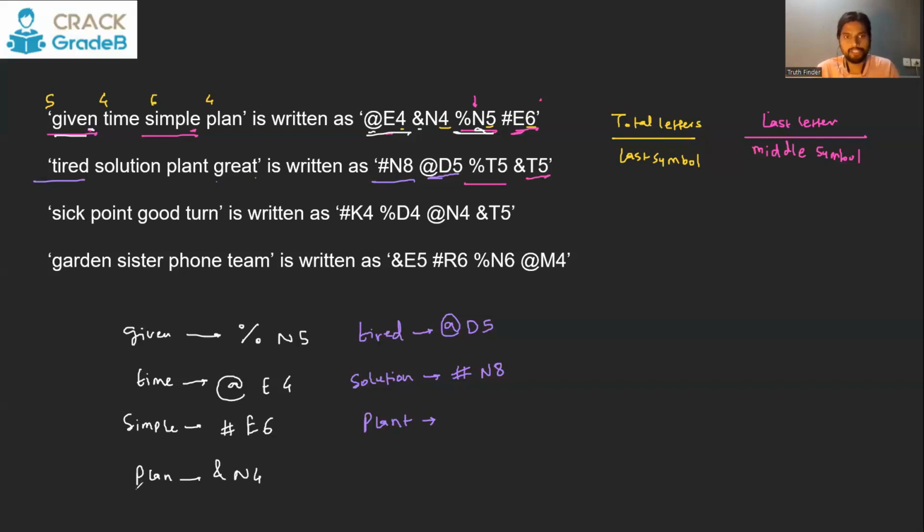So if you see, plan starts with P and it has ampersand. Time starts with T and it has @. Tired starts with T and it has @. Simple starts with S and it has hash. Solution starts with S and it has hash. That means the first symbol used is for the first letter.